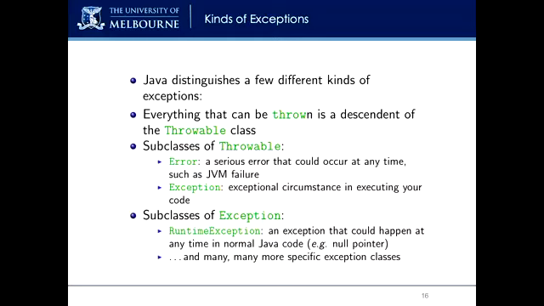So, for example, if you're using too much memory, that's the JVM's problem. And if the JVM can't do a garbage collection and can't fix that, it will give you an error, in which case it's not an exception. You can't catch that, so that's not something that you can deal with.